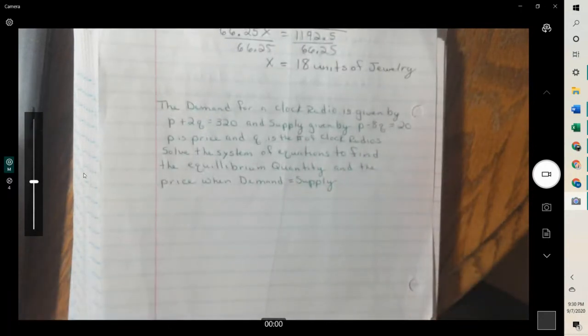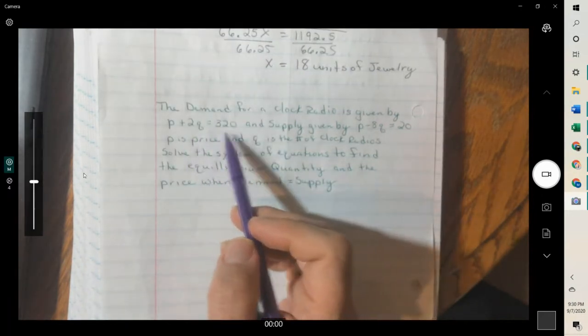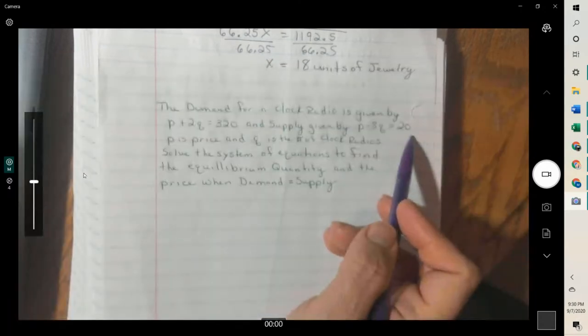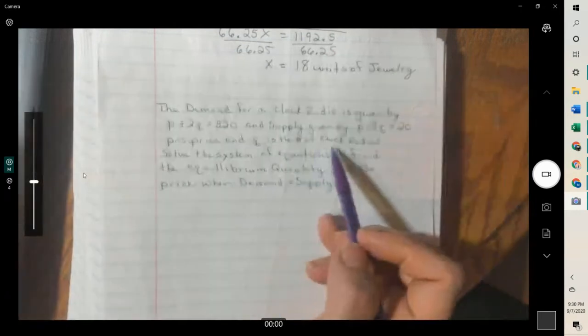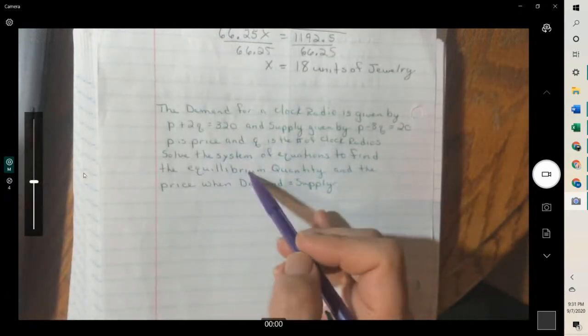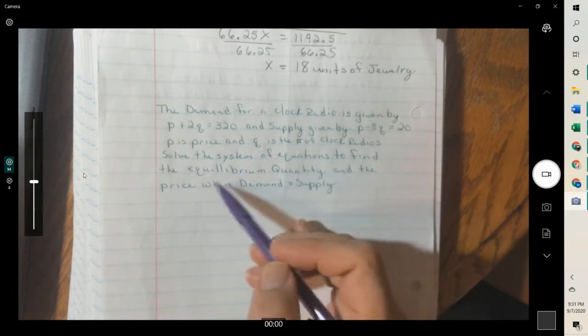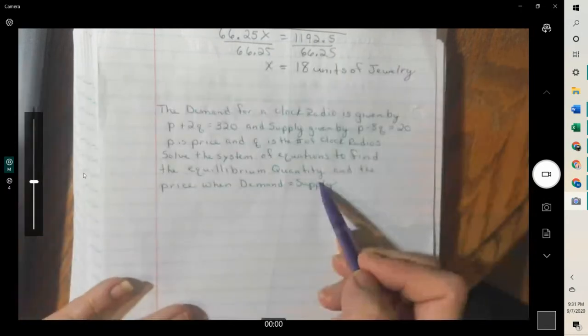The demand for a clock radio is given by P plus 2Q equals 320, and supply given by P minus 8Q equals 20. P is the price and Q is the number of clock radios. Solve the system of equations to find the equilibrium quantity and the price when demand equals supply. So this one wants us to find both.